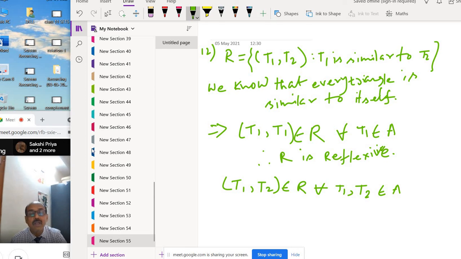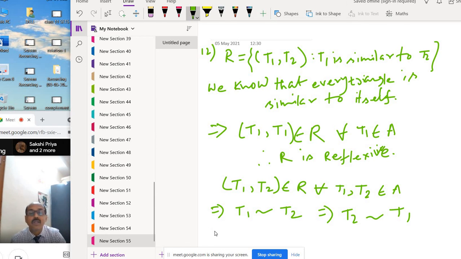So this belongs to R because T1 is similar to T2. It is given in the question that two triangles are similar. So if the first triangle is similar to the second one, then we can say the second one is also similar to the first one. So this implies T2 is similar to T1.